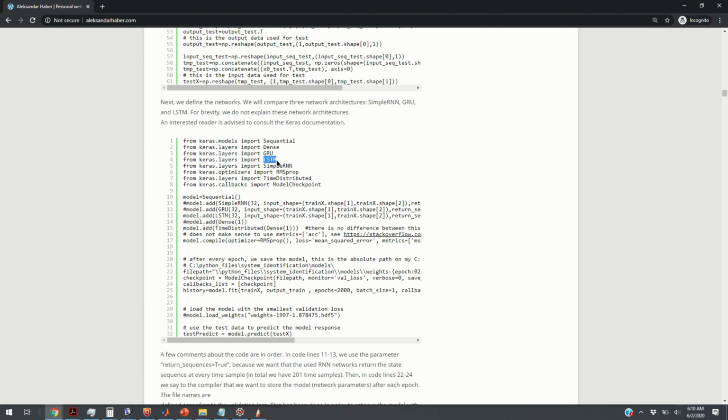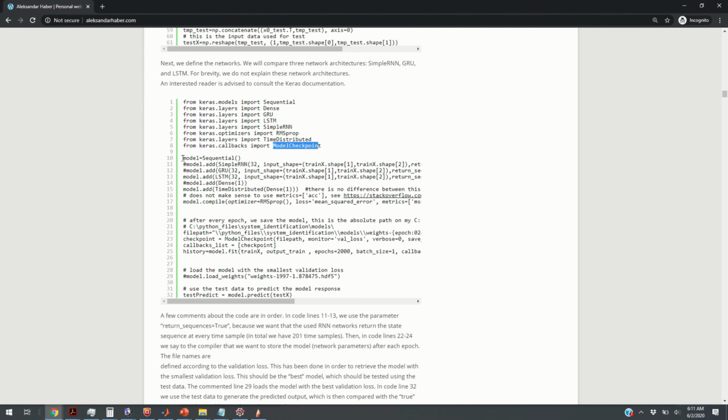Then we're using a long short-term memory network, and a simple recurrent neural network. So we are going to test 3 different types of networks, and we import some solver parameters, and we also import model checkpoint, which will be used for saving the best model.